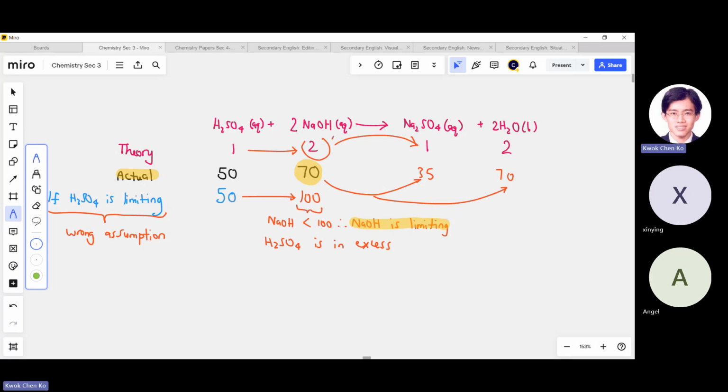And likewise for water, 2 is to 2, so 70 is to 70. Okay, so these are the amounts of product I got. Notice I don't care about this guy, because this guy is in excess, so I cannot use this number to calculate these 2 numbers. I use the limiting reactant number to calculate these 2 numbers.